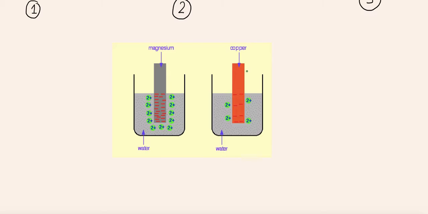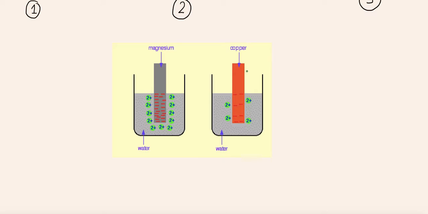What is the basic difference in these two diagrams? You can see in the magnesium ribbon a lot of negative charges, and positively charged ions are surrounding the magnesium ribbon. And in the copper diagram, there is less positive charge surrounding the copper electrode.